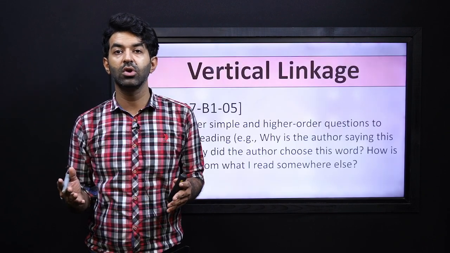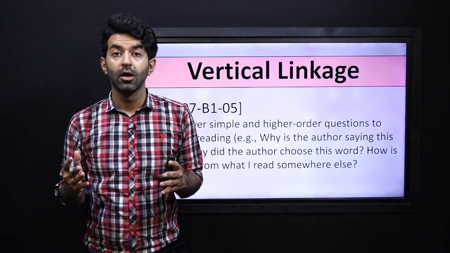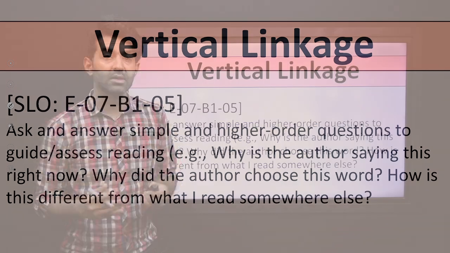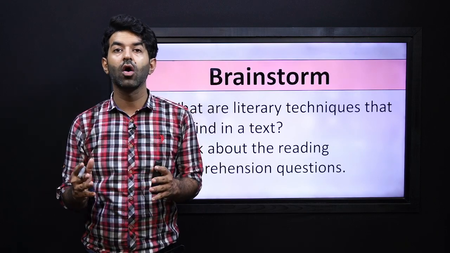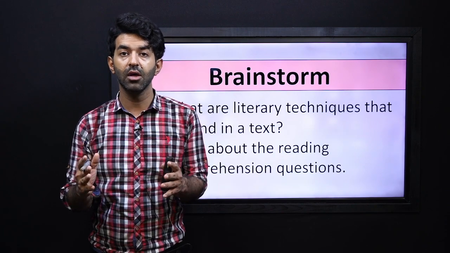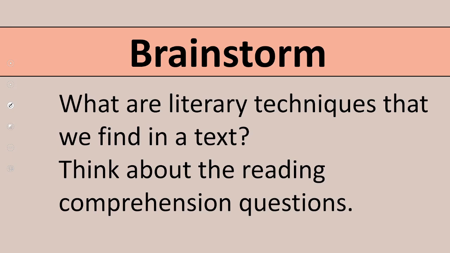Since this is about reading, we will include the main lesson text in the slides. Before we begin, here you can see the vertical linkage that links this with the previous grades' SLO. And for the brainstorming session today, what you're going to do is think about it before we dive into our lesson. Think about the literary techniques that we find in a text.